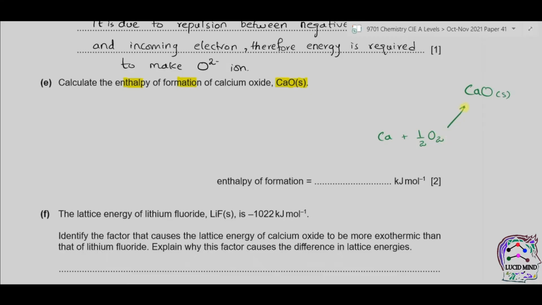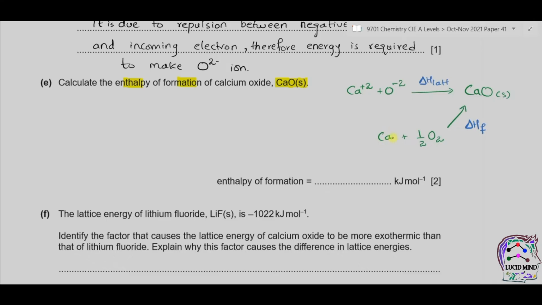So this is enthalpy of formation, delta HF. Now we also know that if we have calcium +2 and oxygen -2, these two can combine together to give lattice enthalpy for the formation of calcium oxide.